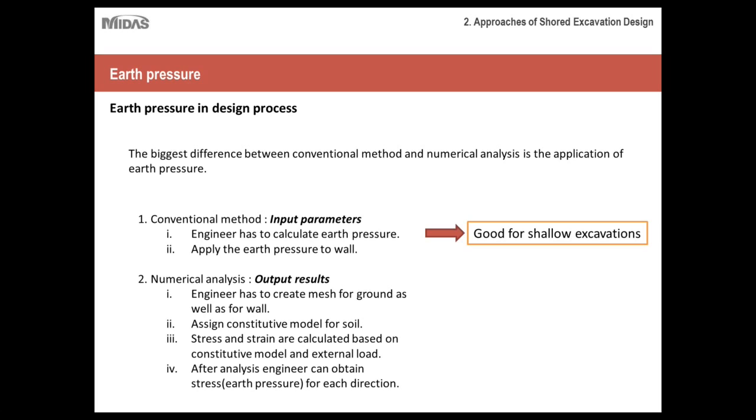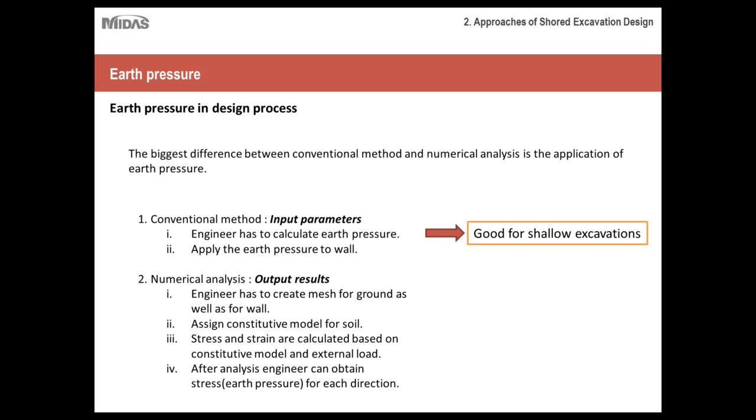But let's see what numerical analysis is all about. In numerical analysis, the earth pressure is actually the output result. So after the numerical analysis you will obtain earth pressure, whereas in conventional method you input earth pressure.